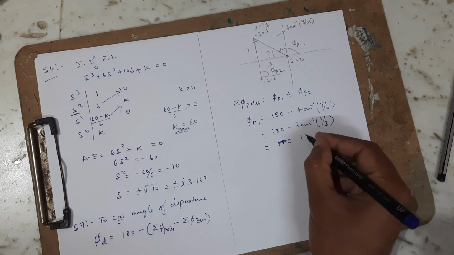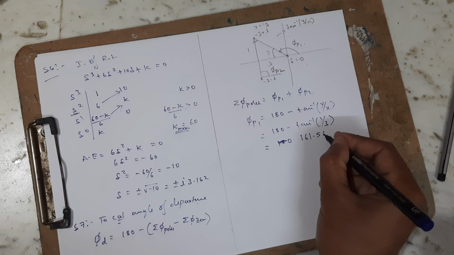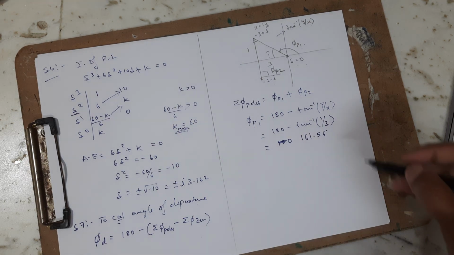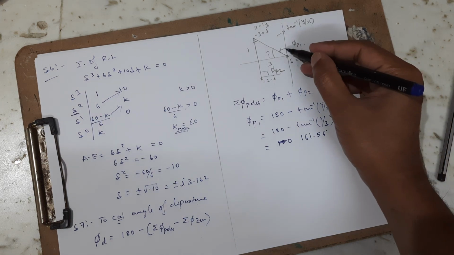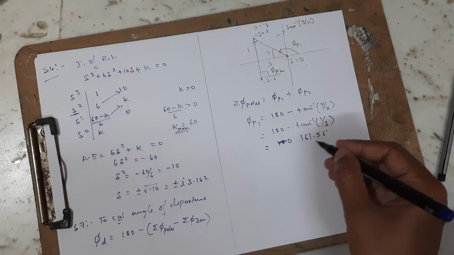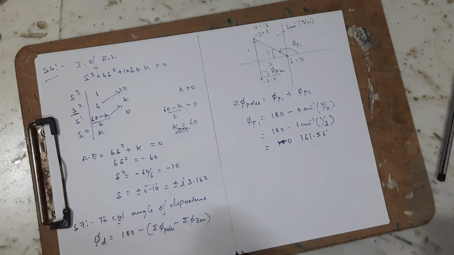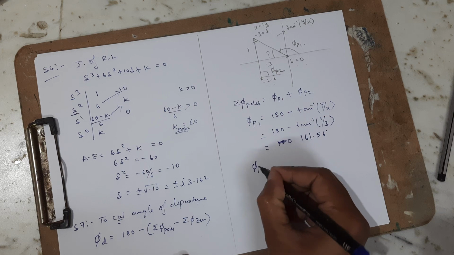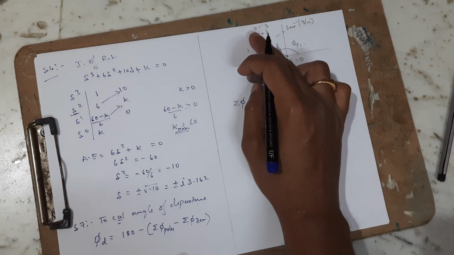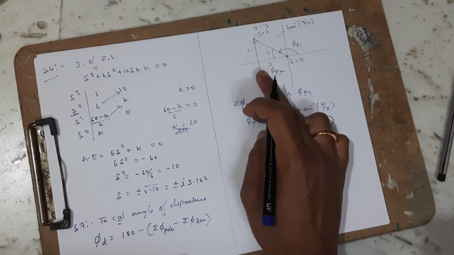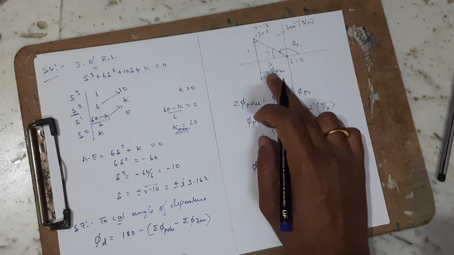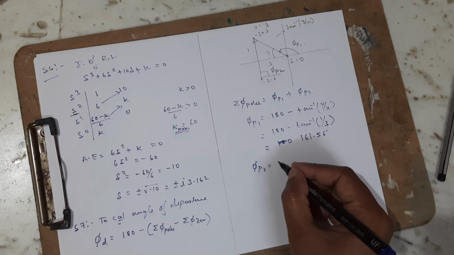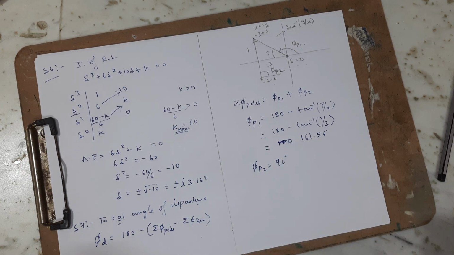After simplification I get 161.56. So this angle is equal to 161.56. Next, what is phi p2? This is exactly below this pole, so the angle made with the reference line, the horizontal x-axis, is 90 degrees.